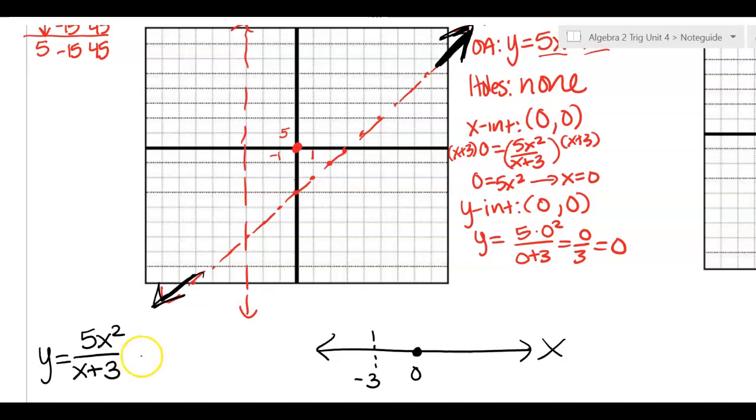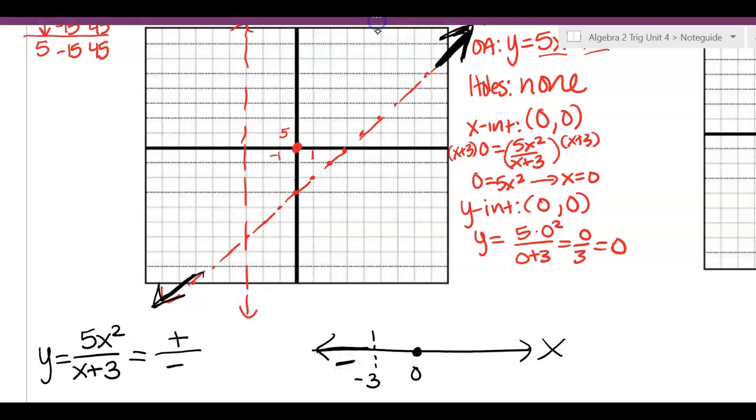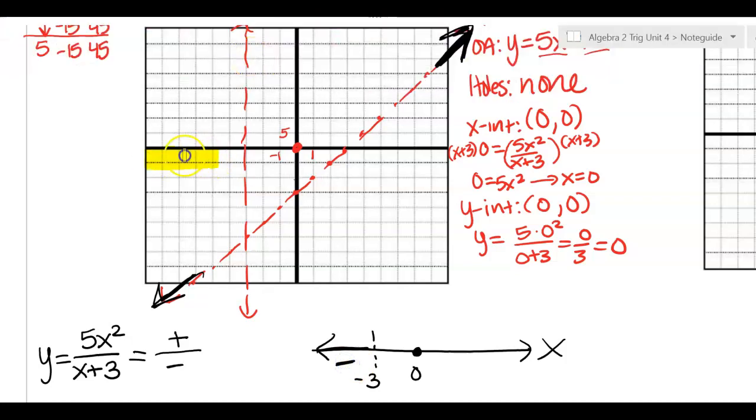As I plug in values to test, okay, so let's say I want to test a number in this section, something smaller than -3, like -10. -10 squared would be a big positive number times 5 would be positive, and -10 plus 3 would be negative, and overall that's negative. Okay? So that tells me on the left side of that asymptote, I can only plot points with negative y coordinates.